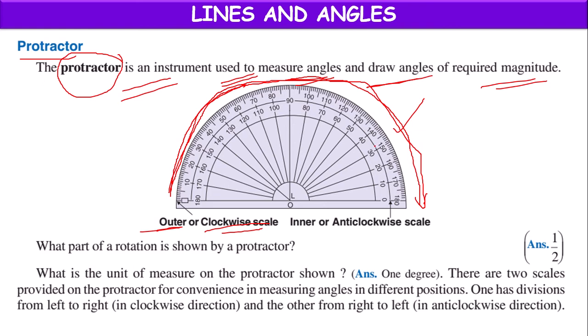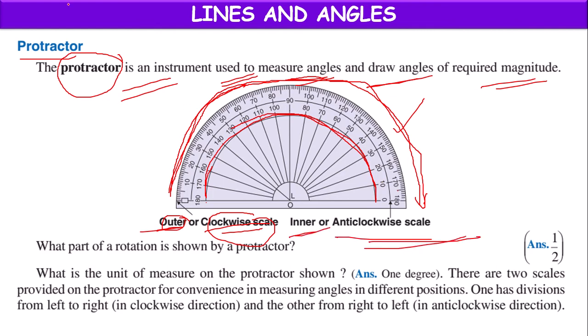this scale, the scale which is marked on the outermost portion of the protractor, it is called outer scale or clockwise scale. And in the inner portion below the outer scale, we have one more scale marked from 0 on the right hand side up to 180 on the left hand side, and this scale is considered as anti-clockwise scale or inner scale.